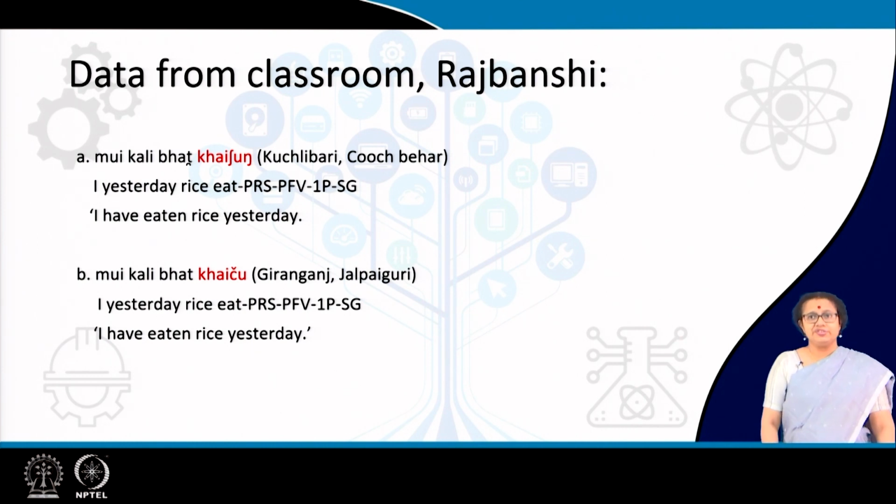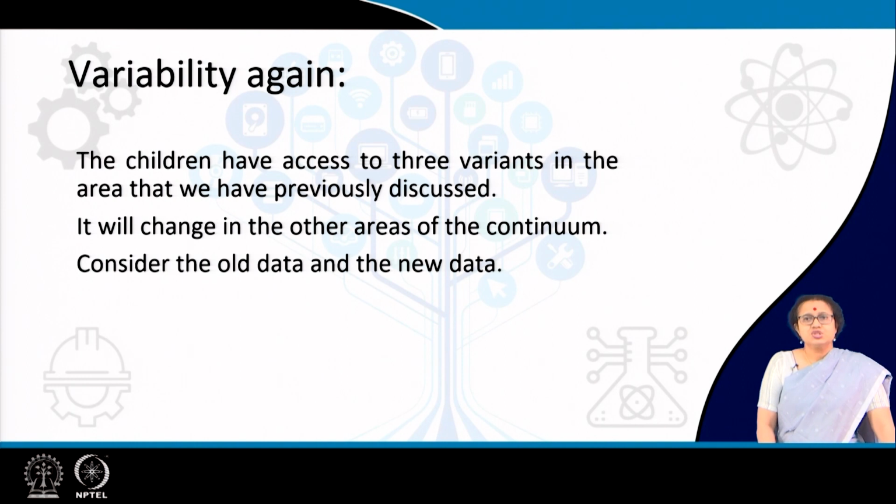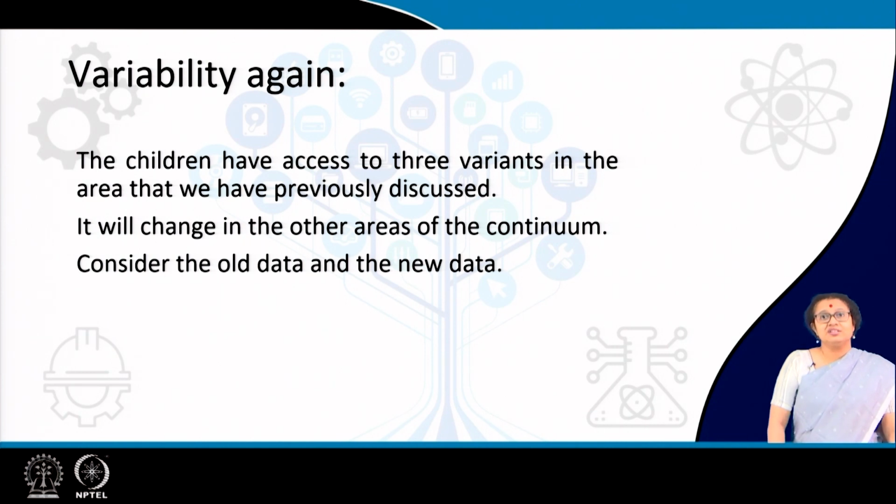So, these are two different forms, and please keep in mind that these are not accessible by a single child. These are two different points of a Rajbongshi continuum. So, when we consider variability again, we can say that the previous data had shown three different variants in the area where children can access all the variants, and here I am saying that it will change in other areas of the continuum.